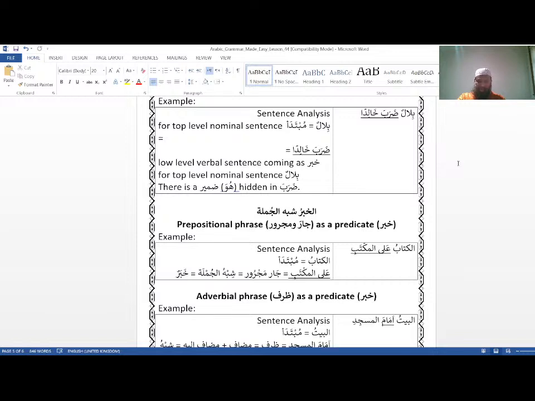Amama is place. Another word we can say is fawqa, top, giving the meaning of place. Tahta, under, giving the meaning of a place.